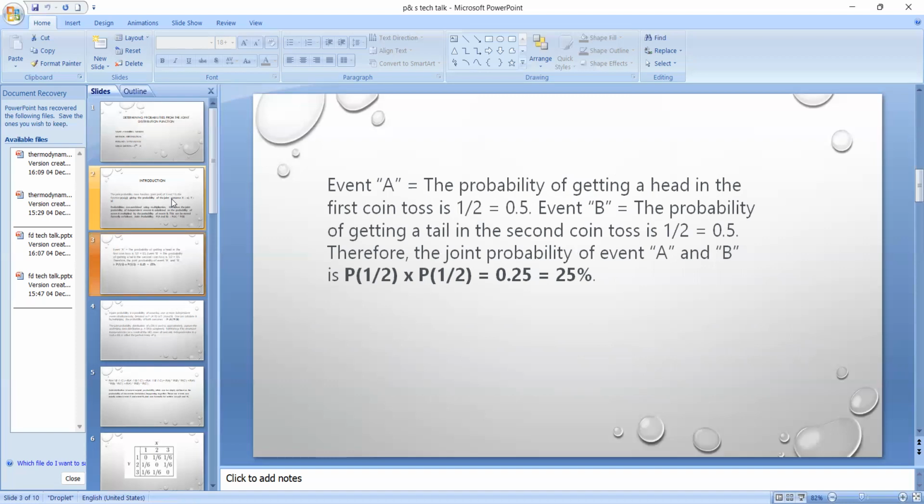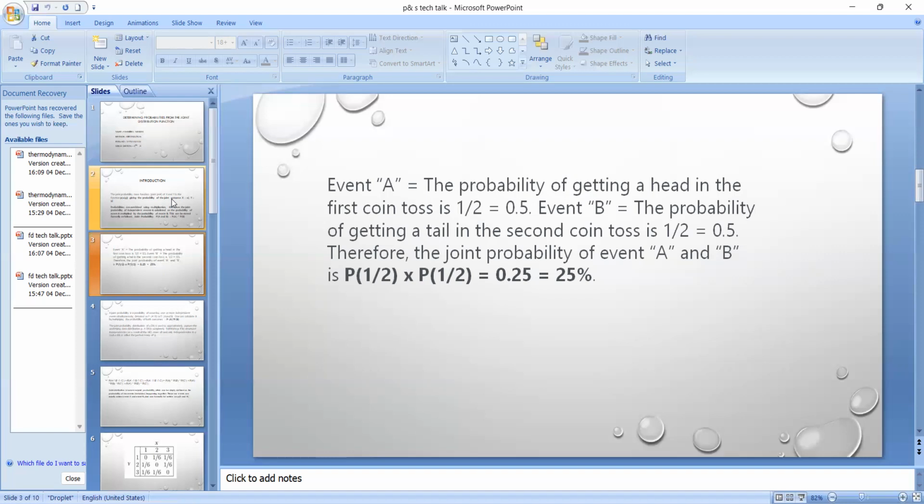Event A is the probability of getting a head in the first coin toss, 1 by 2 equals 0.5. Event B is the probability of getting a tail in the second coin toss, 1 by 2 equals 0.5.